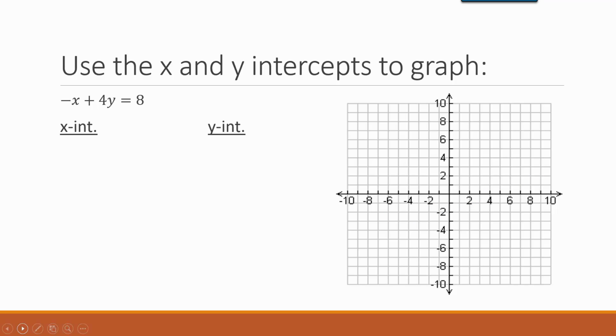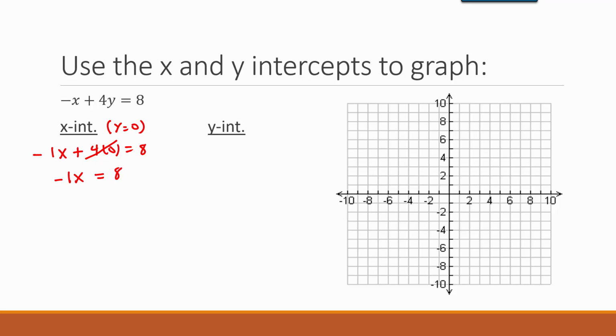Okay, so let's look at another example. Let's say we have negative x plus 4y equals 8. So how do we find the X-intercept? Replace the Y variable with 0. So now we have negative, it was understood to be negative 1, negative 1x plus 4 times 0 equals 8. 4 times 0 is simply 0, so that goes out.